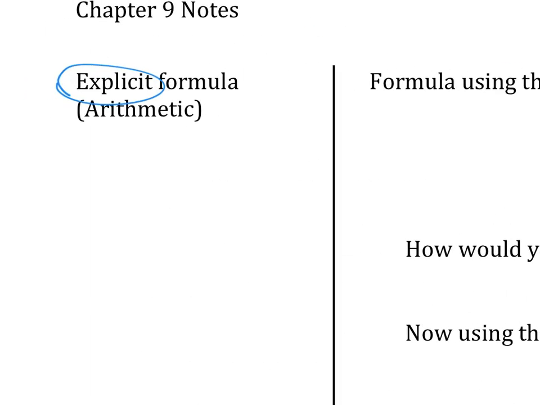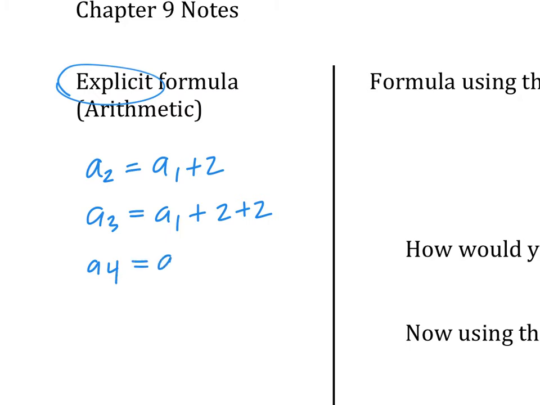Okay, so on my previous thing, we know that if you want to get to the second number, you have to take the first number plus 2, right? Like you add 2 every single time. Let's say you're trying to get to the third number. You would take the first number and then you do what? 2D, right? So plus 2 plus 2. And then if you want to get to the fourth number, you take the first number plus 3 of them, right?